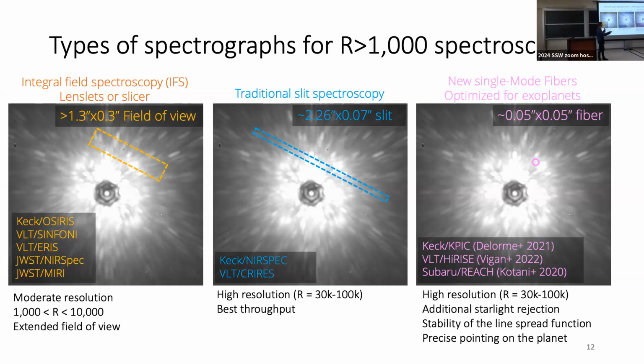So you get some starlight suppression this way. You also typically get more stable spectra with a fiber. So the new generation of instruments tend to adopt this architecture.